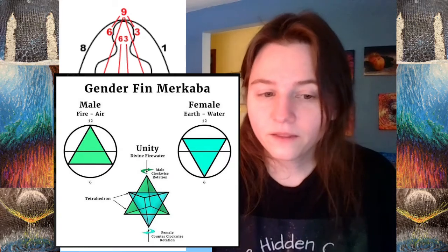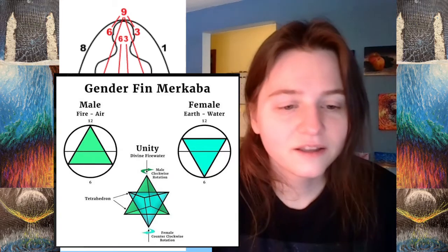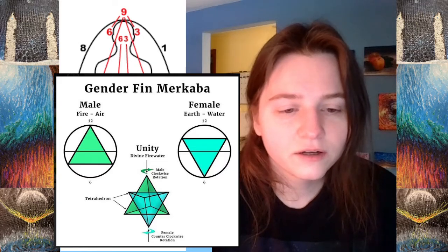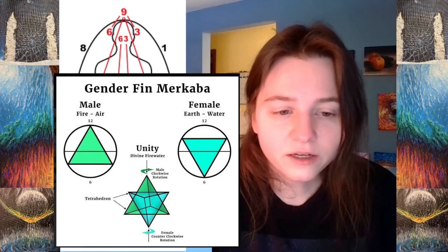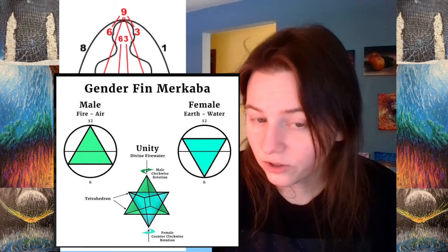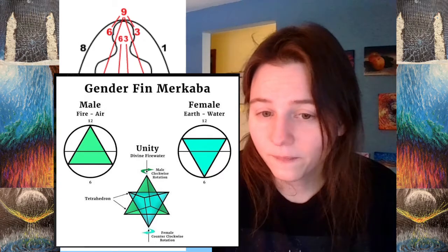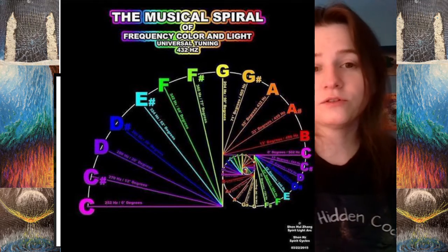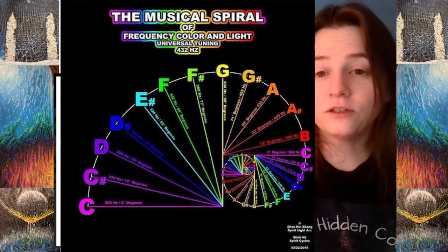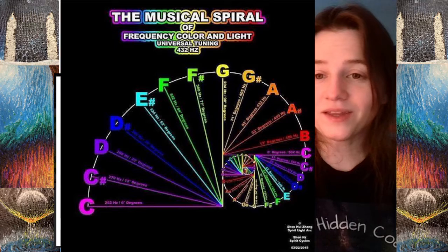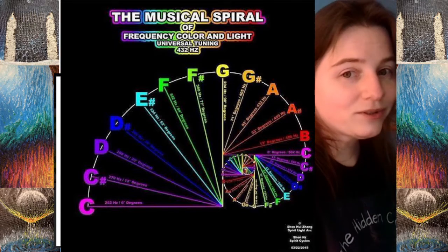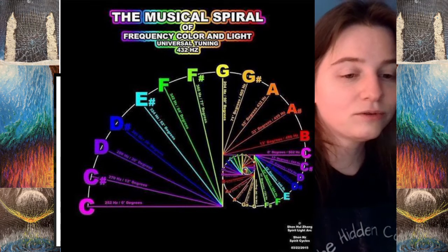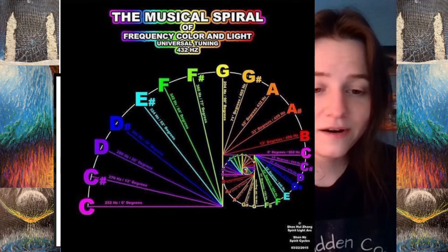So I want to bring about a little bit of as above, so below. I also want to point out, here's your Fibonacci spiral that goes with frequencies now. Here you go, musical spiral, a frequency, a color, and light, universal tuning. 432 hertz. Again, 432 is the number that is also representative of the actual numbers. And I'll show you here.